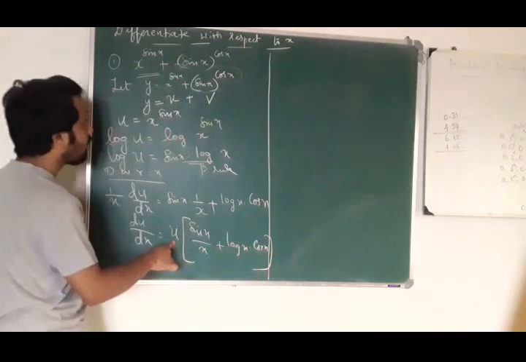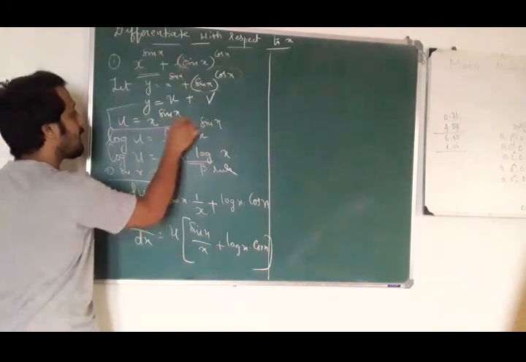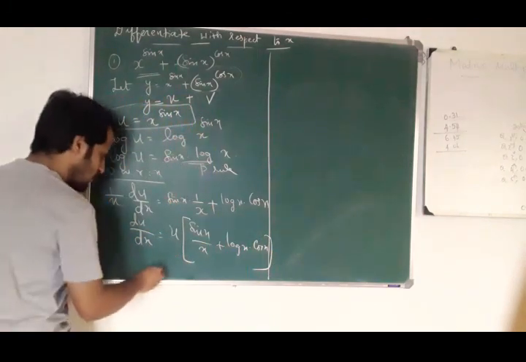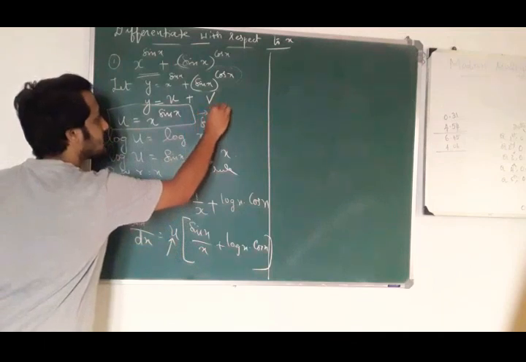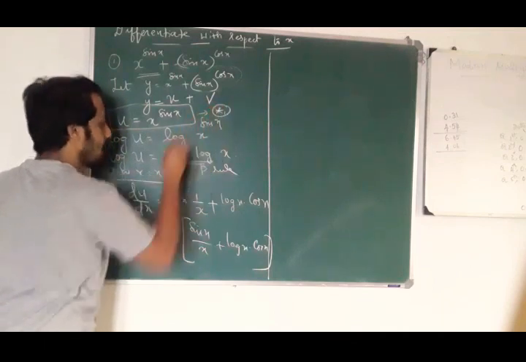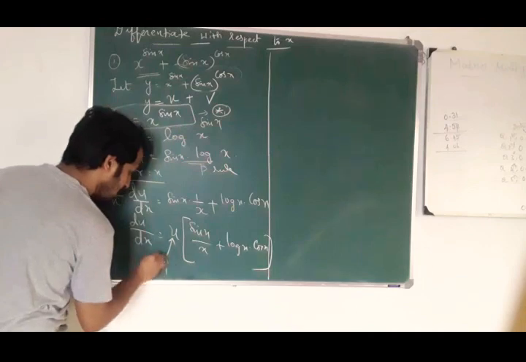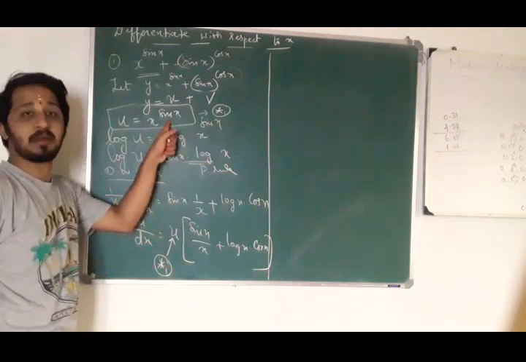What is u? u is x to the power sin x. So you have to replace this u, which is equation number star 1.